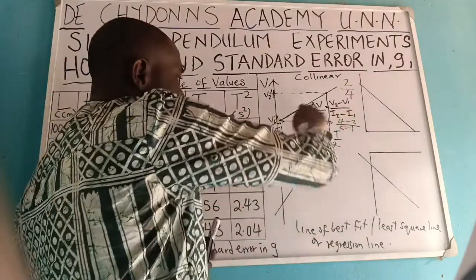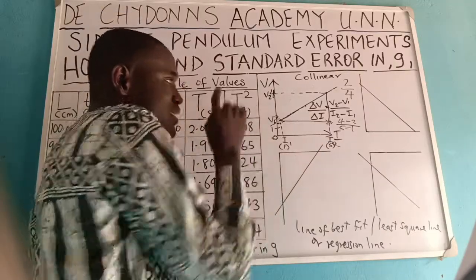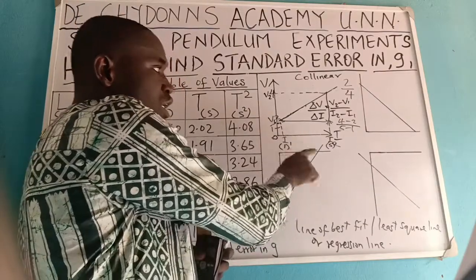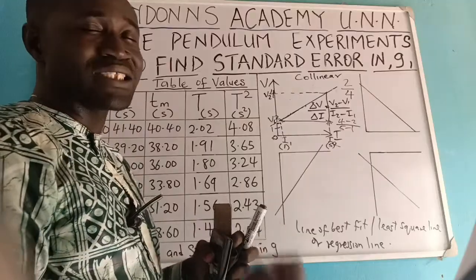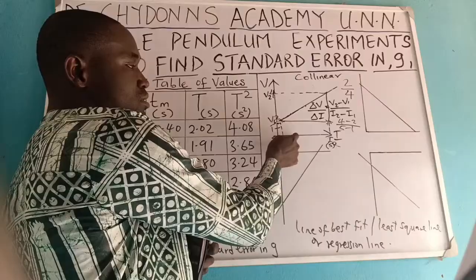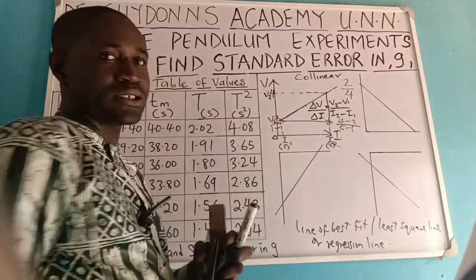If this line touches the horizontal axis, and it didn't touch the vertical, and they say find the intercept on the horizontal axis, please take it. Intercept on the what? Horizontal axis.